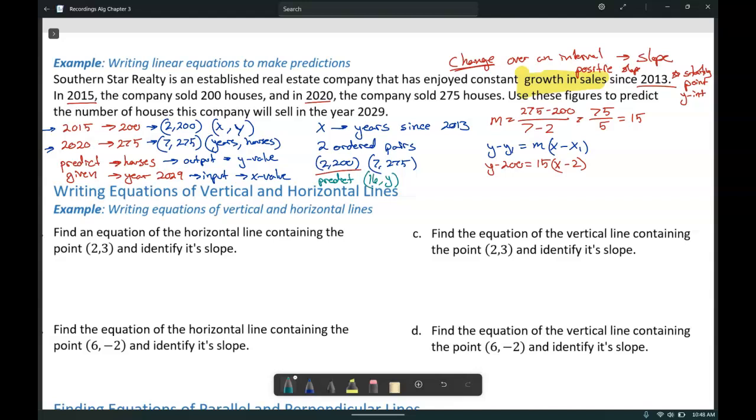So 2029 is 16 years after 2013. So we could rewrite this equation in another form, but we don't really need to, because we can just substitute in the value that we have for x and just solve it. And when we solve, we get that y equals 410 houses.